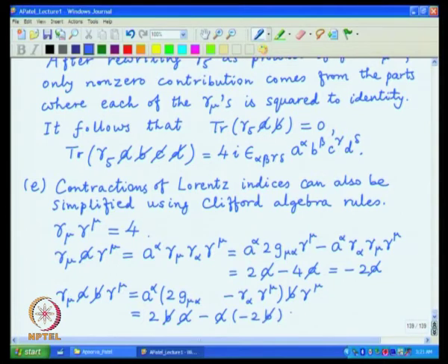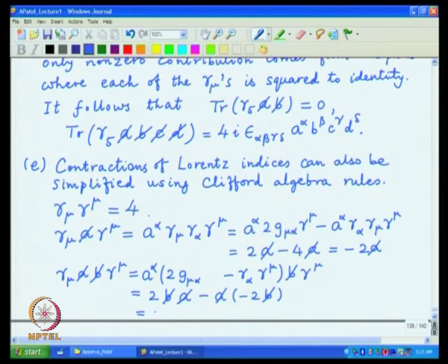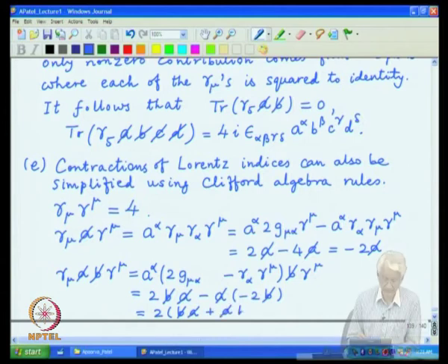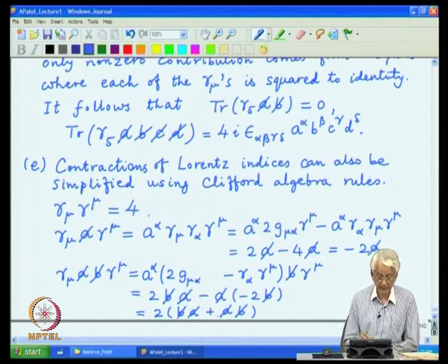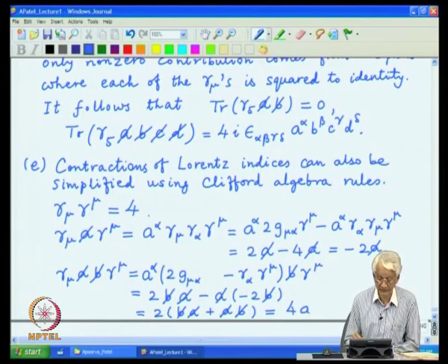This can be rewritten as 2 times B slash A slash plus A slash B slash, and so one has the same product, but with opposite order of gamma mu inside here, which is exactly the form that can be simplified using Clifford algebra once again. Then the result is the G mu sandwiched between these 2 operators B and A, and that result is 4 times A dot B.